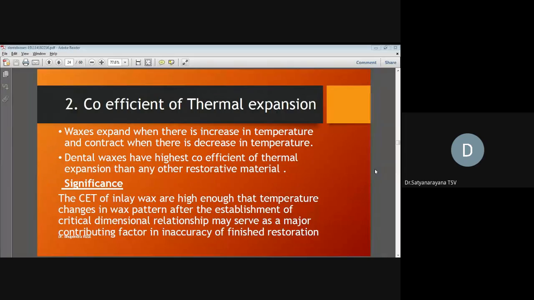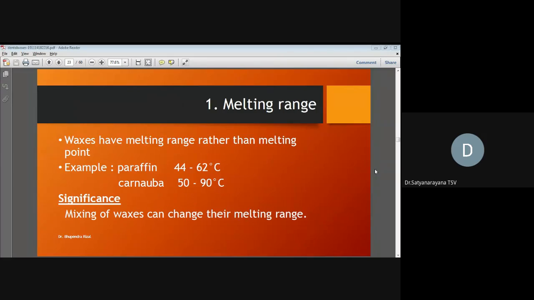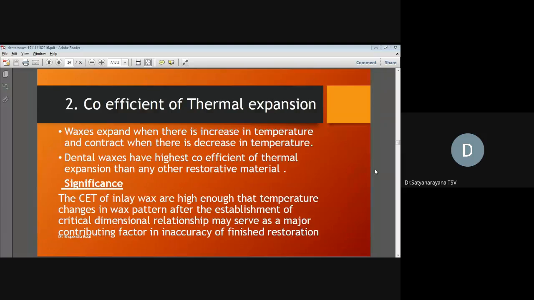When we talked before about the melting range, you have seen it is from 44 to 62 and from 50 to 90 degrees. So if you fabricate a wax pattern and keep it outside, and there is a change in atmospheric temperature, what will happen? Obviously, it will lead to inaccuracy because of the coefficient of thermal expansion.